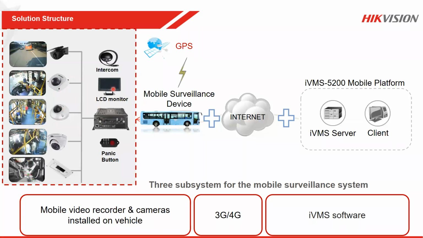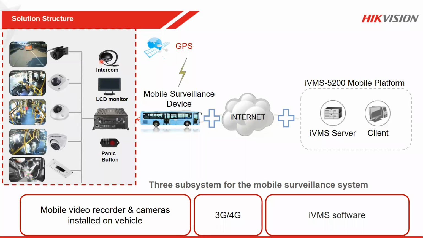An LCD monitor can be used for the driver, and the driver can then maybe have two cameras linked to the LCD monitor for the rear camera and the front facing camera. So he always knows what's going on around him, and this can also be used for parking and so forth.